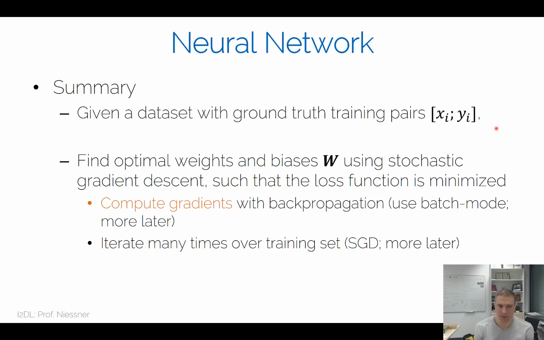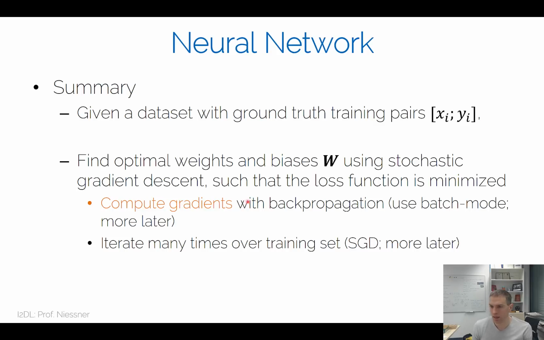And how can we do this optimization? So what we have to do here is we have to figure out how to compute gradients. We have to make sure we take these gradients that we've just computed in order to update our network weights. We iterate, and eventually, hopefully, we fit the training set and approximate its distribution. And once we have done that, we hope that it generalizes to unseen data that we haven't seen before.